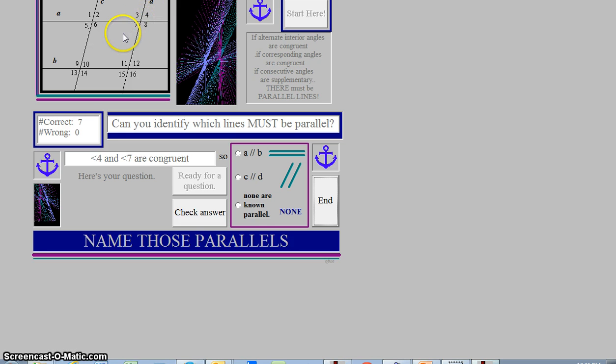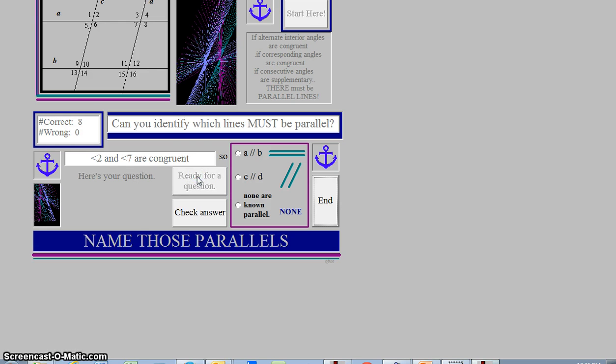Well, they're always congruent because they're a vertical angle pair. That gives us absolutely no information about any parallel lines in this diagram. So here's a good example for none are known to be parallel.